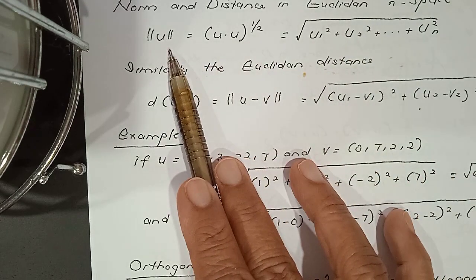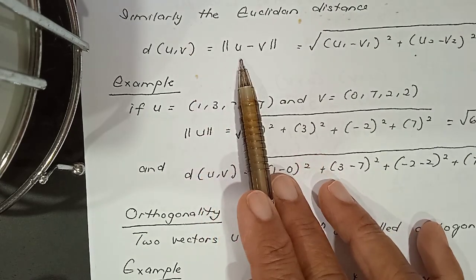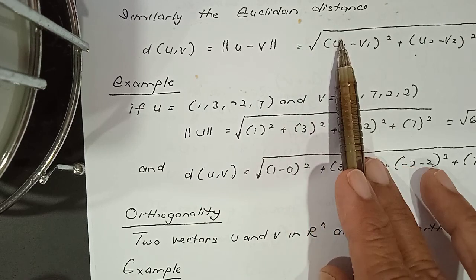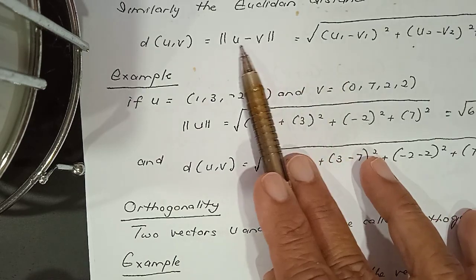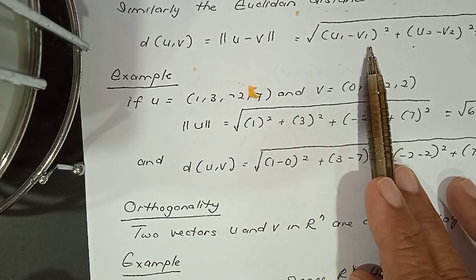So this is the norm. For the distance, we take the difference between the two vectors, u and v. So the distance is the root of the summation of each component of u minus the component of v, squared.